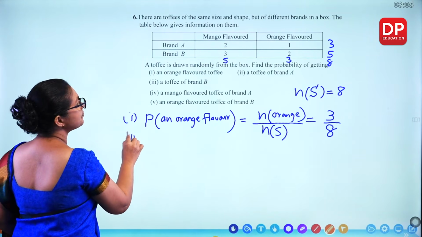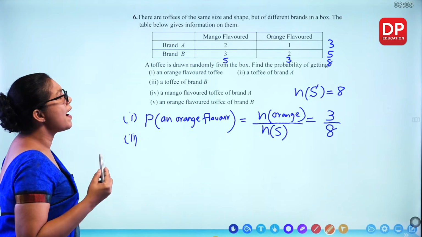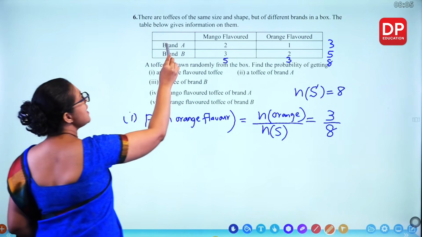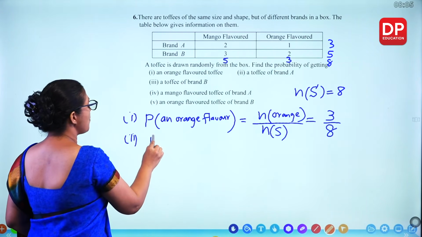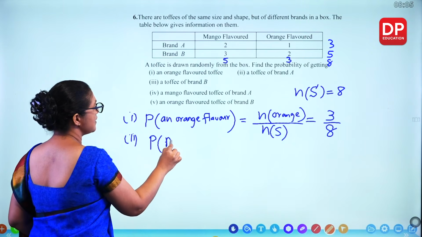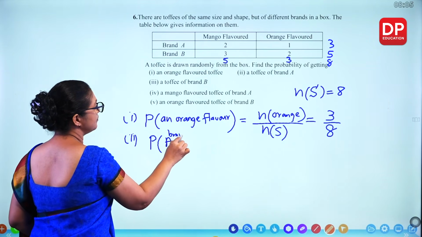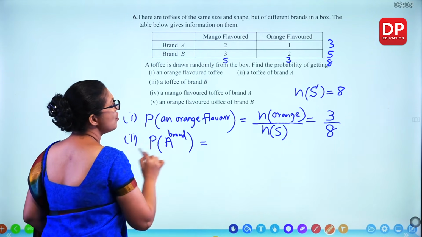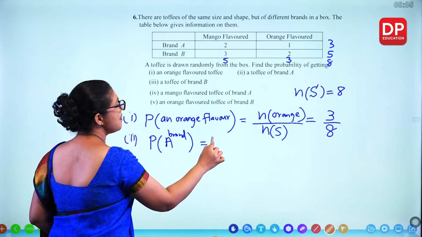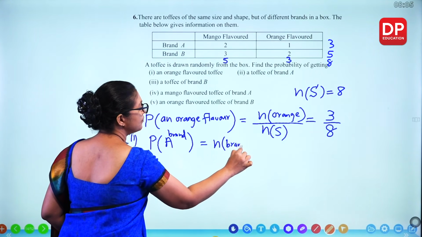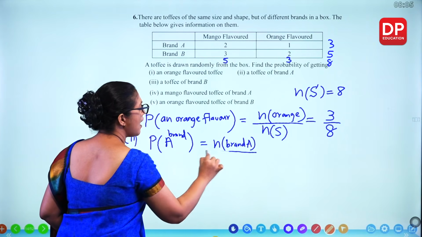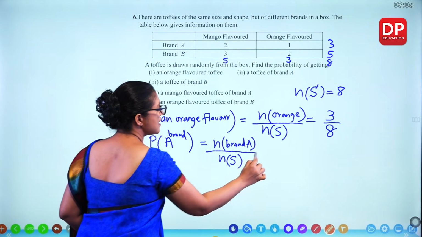Second part, a toffee of brand A. Brand A, how many toffees have they taken? 3. So probability of brand A is equal to number of elements in brand A divided by n(S).